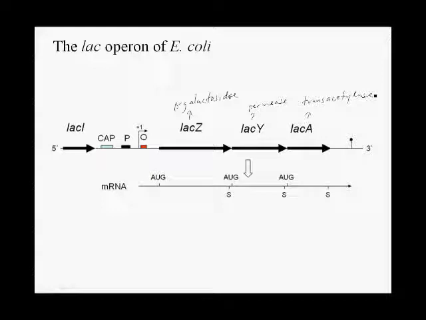So being an operon means that all three genes are transcribed as a single messenger RNA, and when ribosomes hop on and translate it, they will make the three different proteins from this single messenger RNA. So you can think of these as the target genes. These are the genes that the cell wants to regulate.